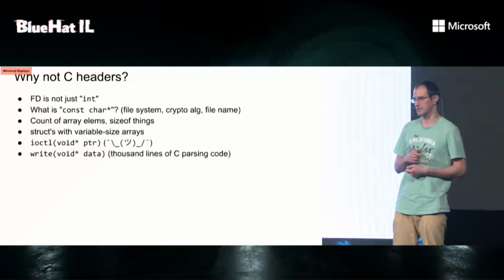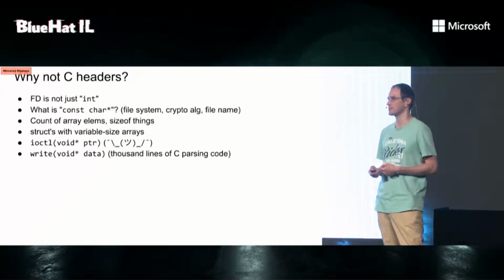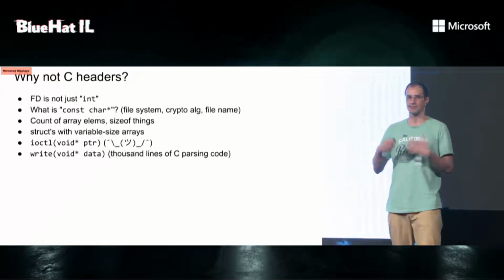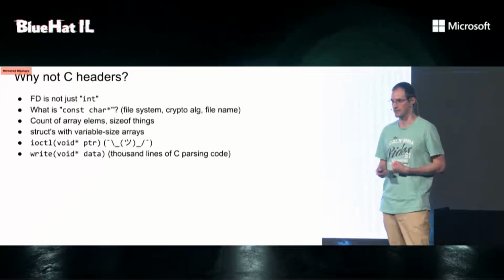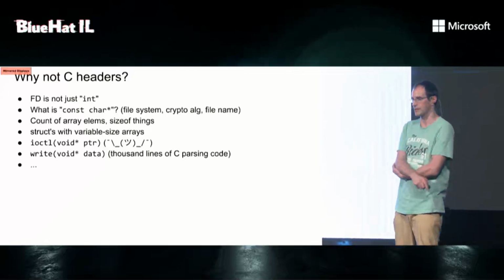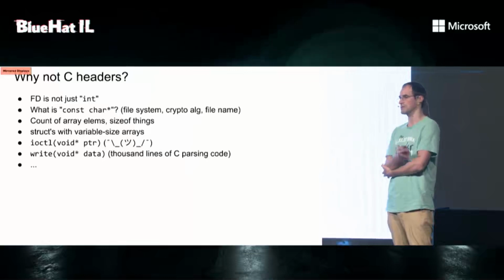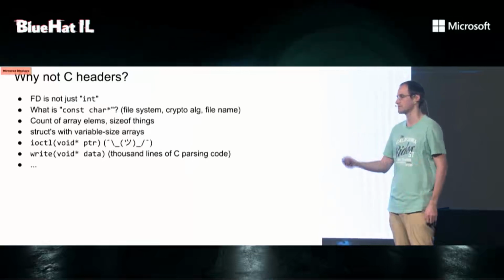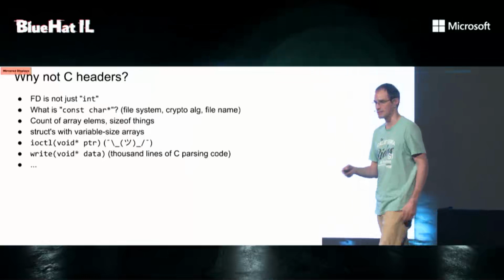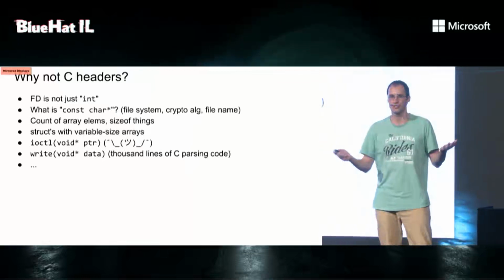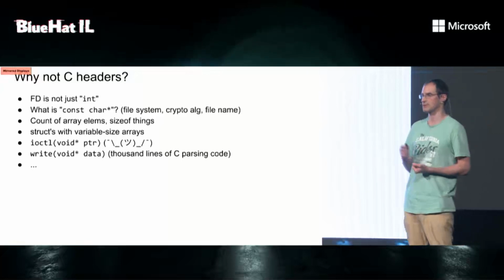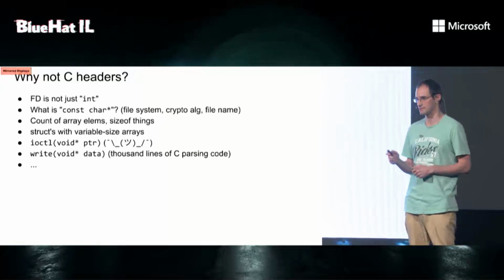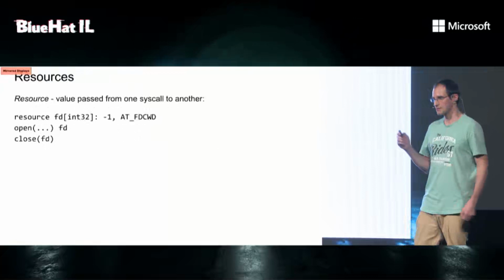Other cases, for example ioctl or write, just accept a void star, but there are actually very interesting and complex things behind that void star. And there are more issues. If it were just one of those things, we might try to work around it. But because it's this whole set of issues, we decided that C headers don't contain enough information for us.